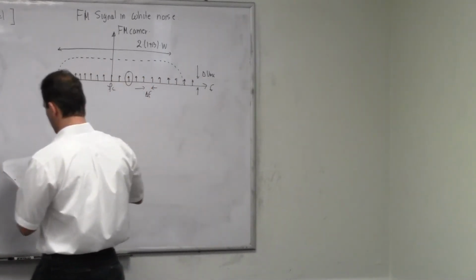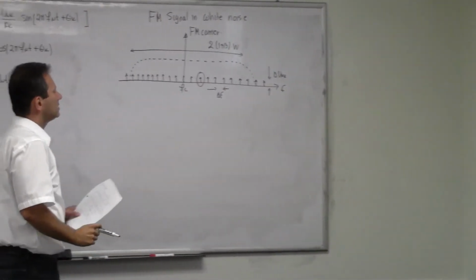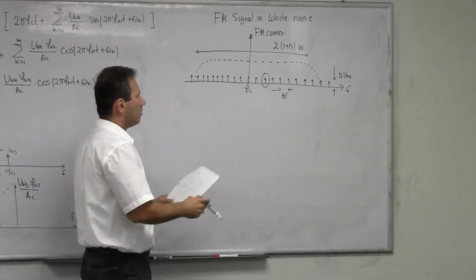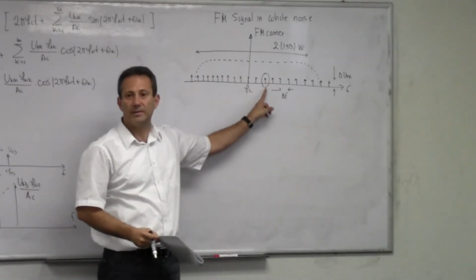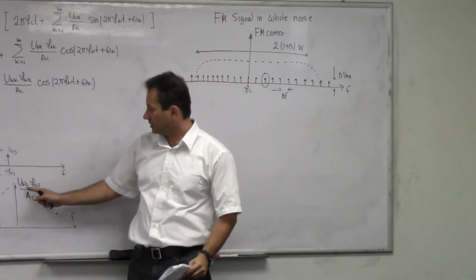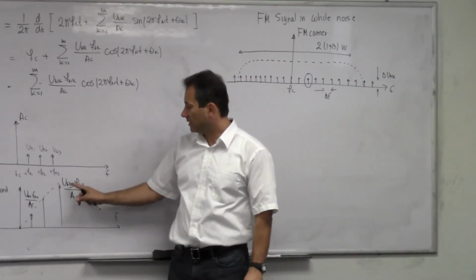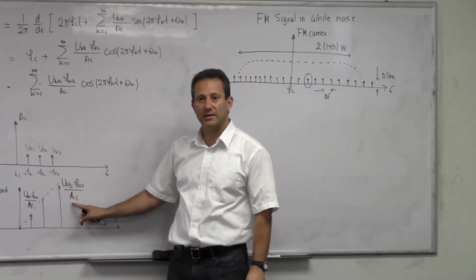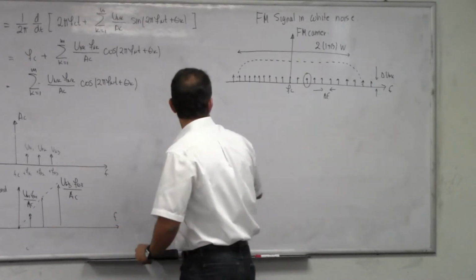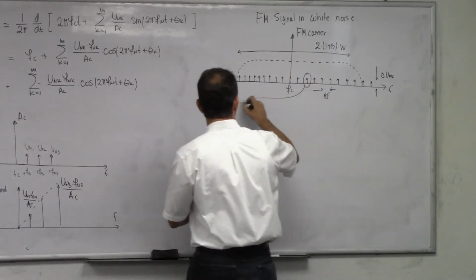Let's say this guy here. What happens when you present this one to the FM demodulator? There will be a component that corresponds to this one at the baseband, right? That component, according to this, is going to be at a frequency equal to the offset, and it's going to have a magnitude divided by the magnitude of the carrier, right? So if you look at this one, we'll generate a component in the output.